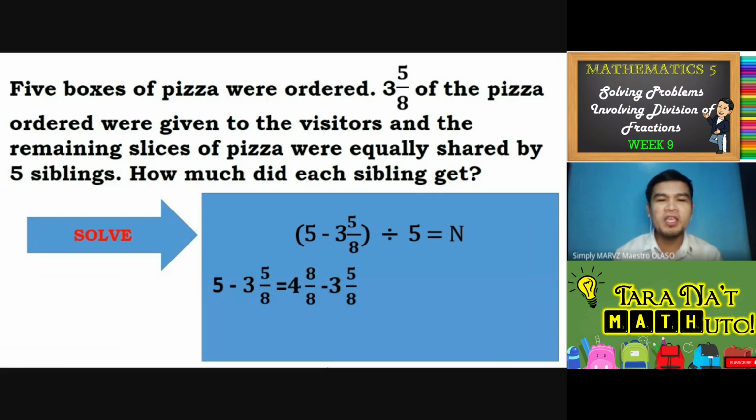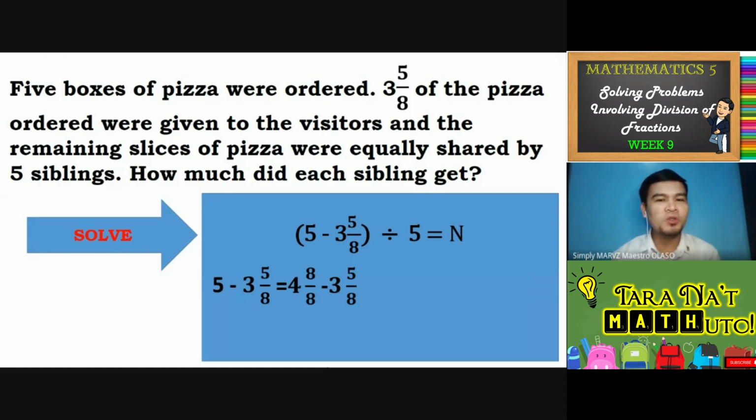Yung 5 magiging 4. Tapos yung isang ibinawas natin, gawin nating fraction na equal to 1. Gamitin natin yung denominator nung sa subtrahend. So, 8 ang denominator, kaya gamitin natin 8 over 8. Okay? So, we have 4 and 8 eighths. So, di ba, 5 pa rin naman yun. Minus 3 and 5/8.